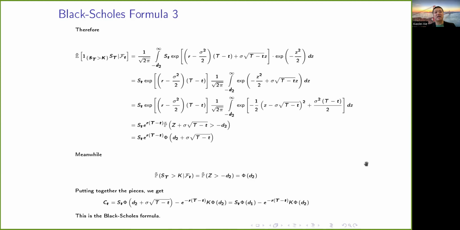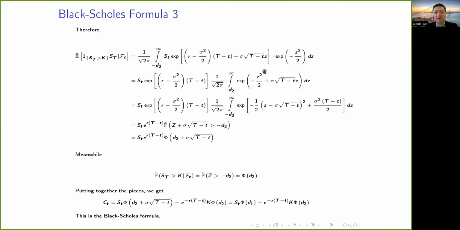Then next, we can evaluate the conditional expectation straightforwardly. It translates to this integral. Here we have the expression of the asset price at the time of expiry, and here we have the probability density function of the standard normal distribution.